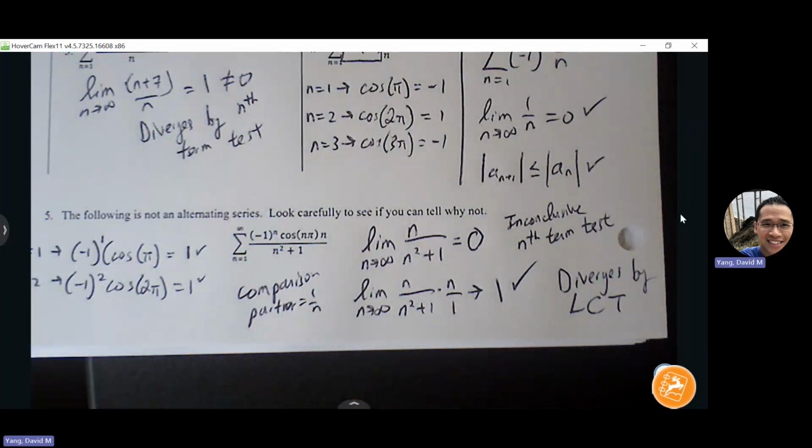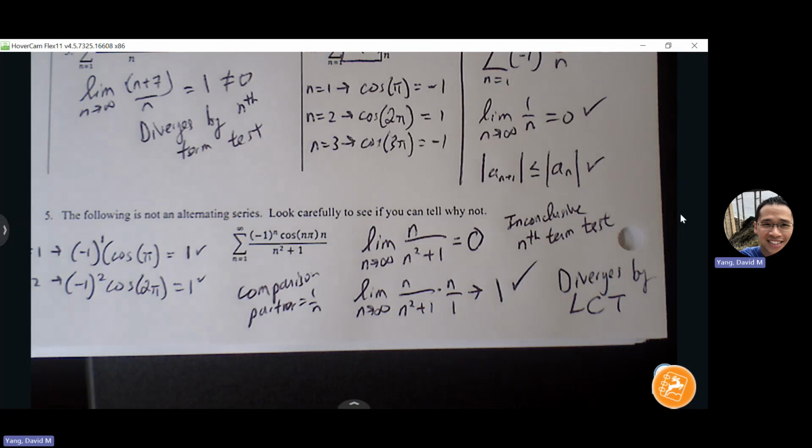This doesn't exactly apply to this question, but will 1 over n plus anything always diverge? Yes, because I can make an argument for the direct comparison test that 1 over n plus anything is always going to be less than 1 over n.